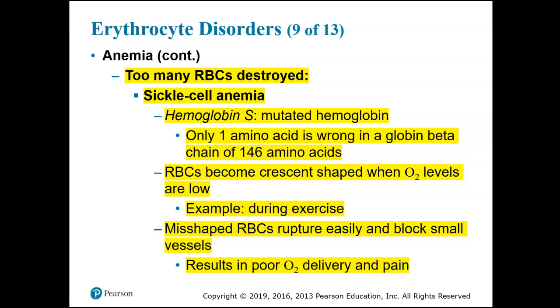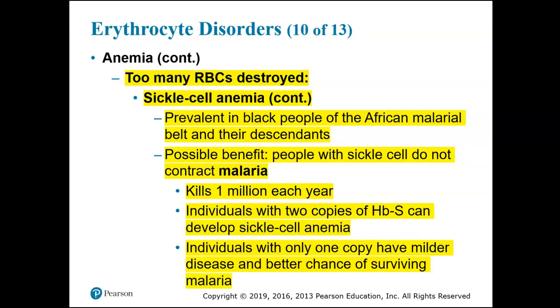And the result is that the red blood cells become crescent-shaped when oxygen levels are low, so, for example, if you exercise. They will rupture easily and block small blood vessels, and that's going to cause a lot of pain and result in poor oxygen delivery.